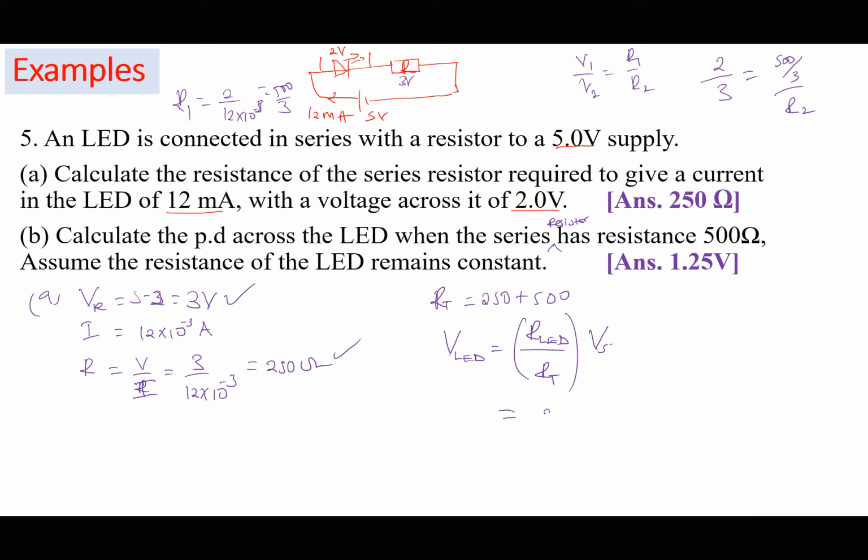So the resistance of the LED is 250, total resistance is 750, times what is supplied, which is 5. So 250 times 5 divided by 750.